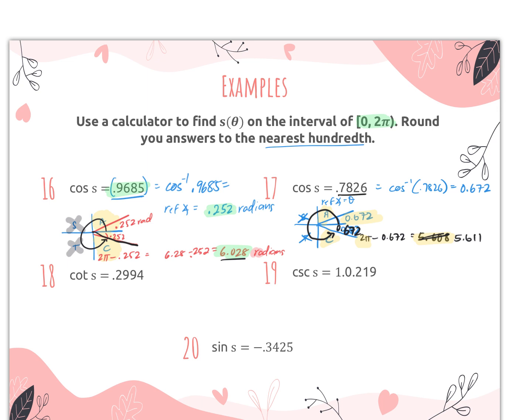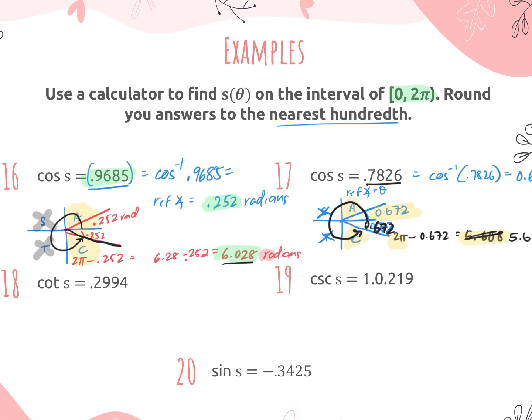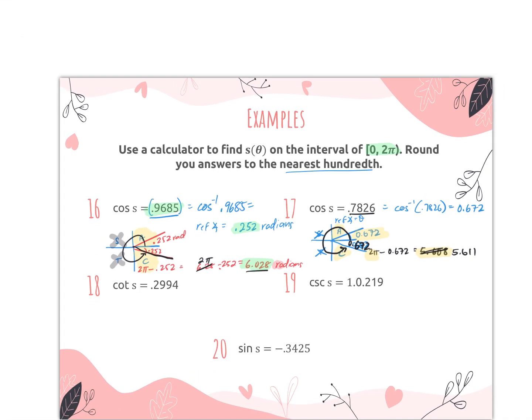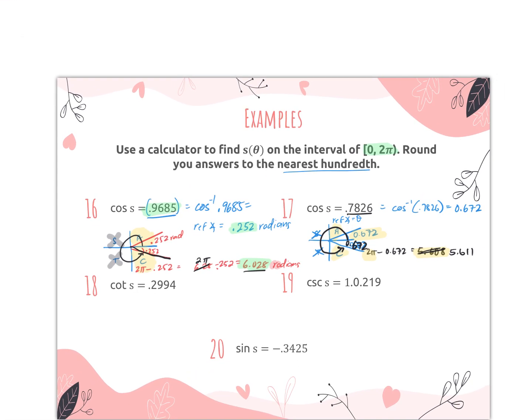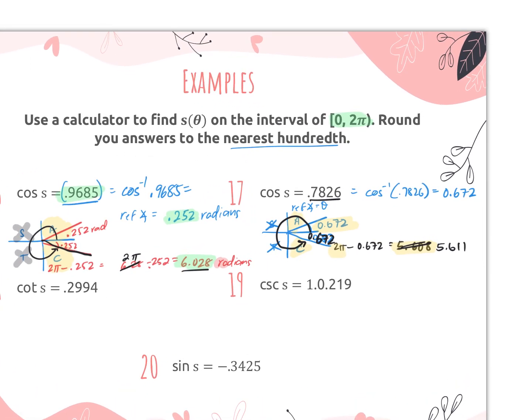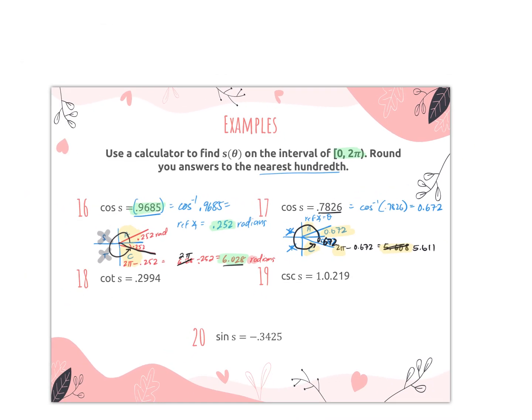So yes, the other slide did show 3.14 for 180 and 6.28 for 2 pi. But for me personally, I prefer to do 2 pi minus that number, or pi minus, and use your calculator, okay? I think your answer comes out more exact. So that's what I would definitely recommend.